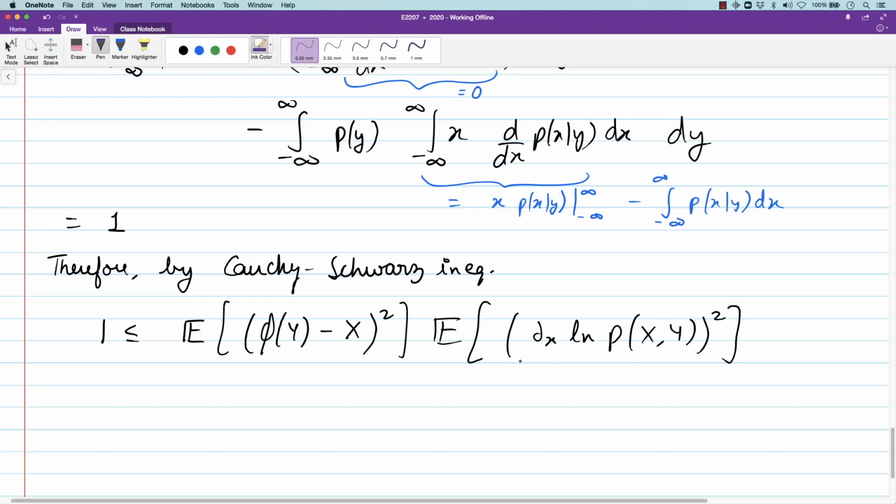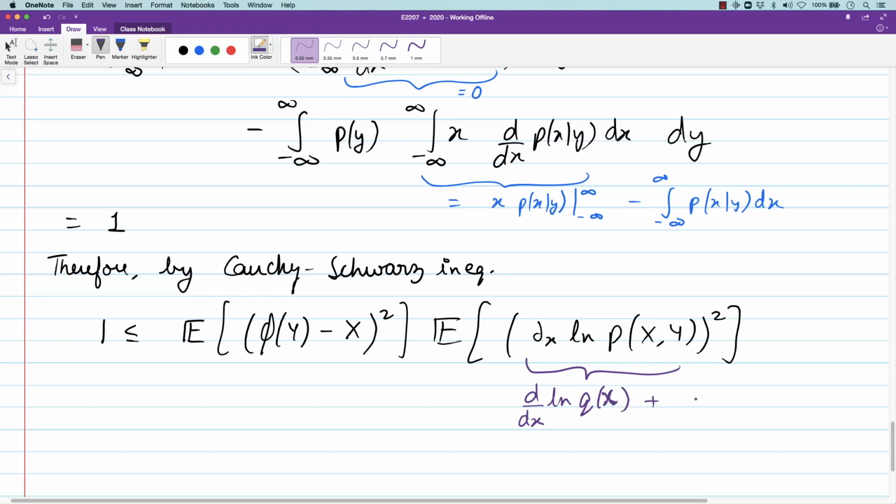This derivative here is d by dx of log q(x), because the density of x is q, plus d by dx of p of y given x. Now y given x is Gaussian.